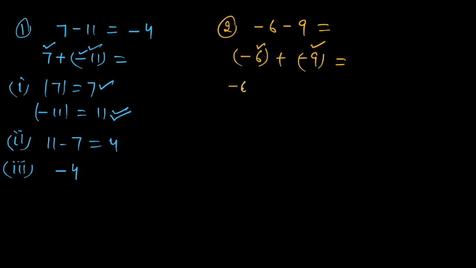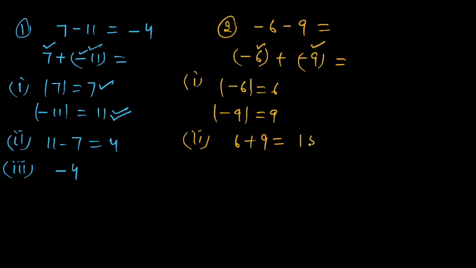Now when you find the absolute values of negative 6 and 9, you have to add them. This is your step 1. Step 2, you will add these two absolute values. Why? Because both of the integers have the same sign. Okay, now is my answer a plus sign or minus? It's going to be negative 15. Why? Because both of the numbers are negative, the answer is also going to be negative 15.